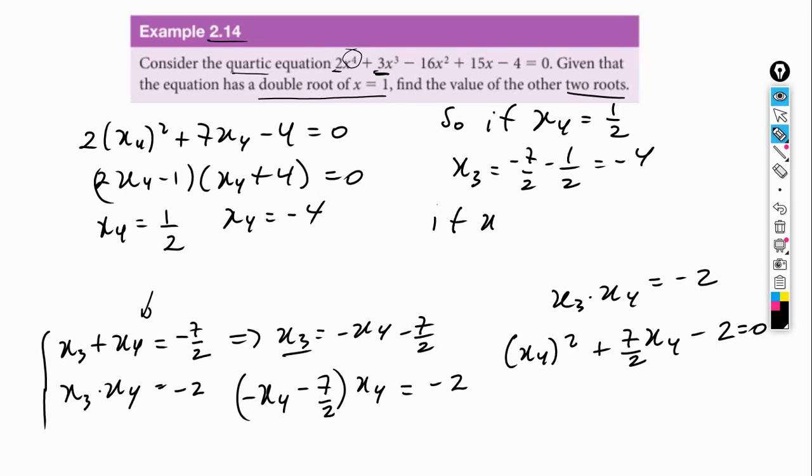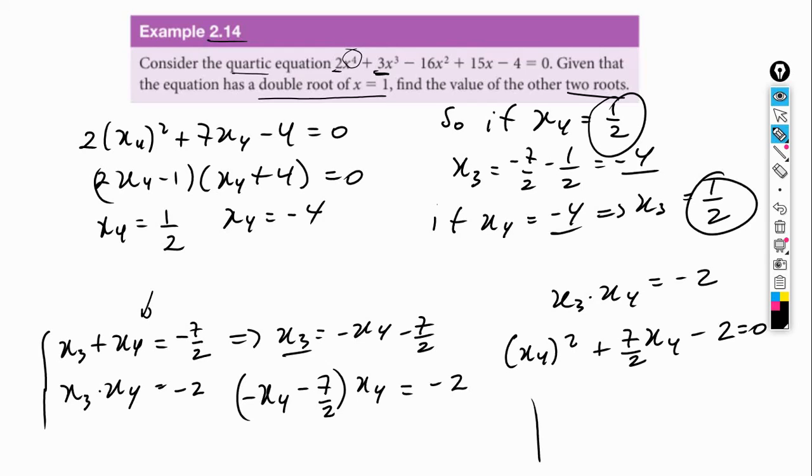If x4 is equal to -4, you're going to get that x3 is equal to 1/2. So notice that basically it's giving us the same answers but backwards. That means that we have the other two roots. Okay. So the other two roots, or the other two zeros, would be, just to answer the question appropriately, the other two zeros would be 1/2 and -4.